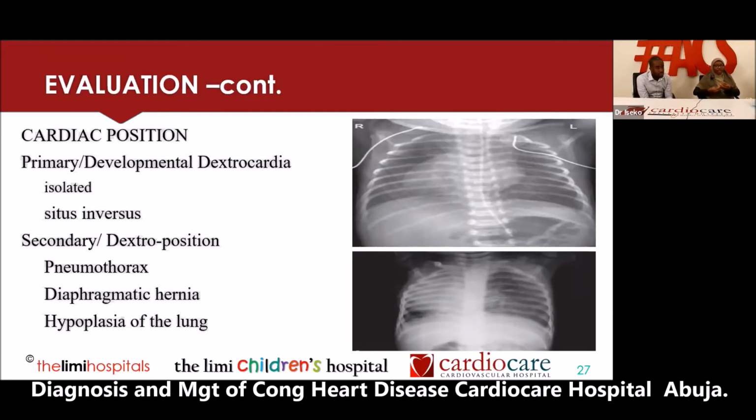But if the heart is more to the right while the apex is pointing to the left, this is described as dextroposition, and it's usually due to other things, probably a pneumothorax on the contralateral chest pushing the heart this way, or a diaphragmatic hernia pushing the heart this way, or even on that same side, some hypoplasia of the lung. Because of that, the heart is pulled towards that side.